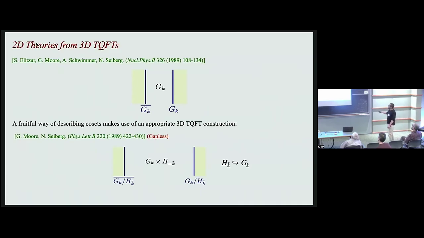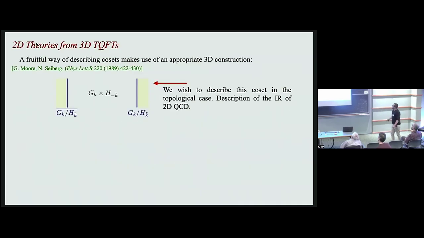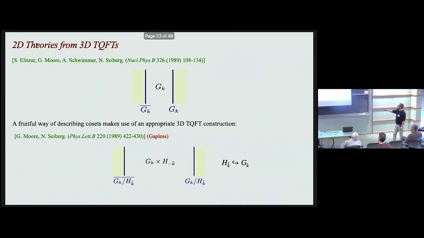Now, why is that important for us? Because this is the way that we are going to describe the topological cosets when the central charge is 0. In the work of Moore and Seiberg, they tell you how to do this, but it's basically for the gapless case. They do not consider gapped boundary conditions, and they don't quite say it in those words, but it's essentially that.